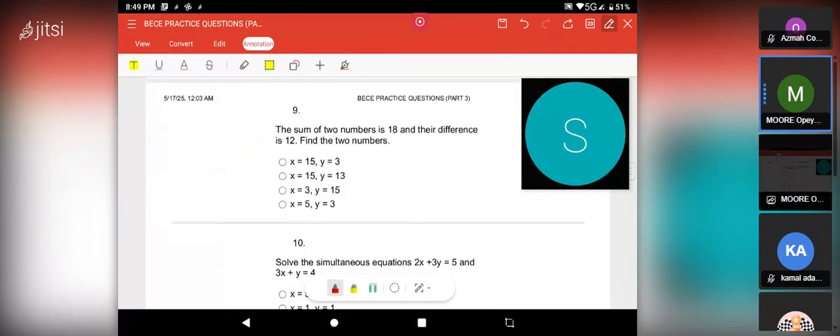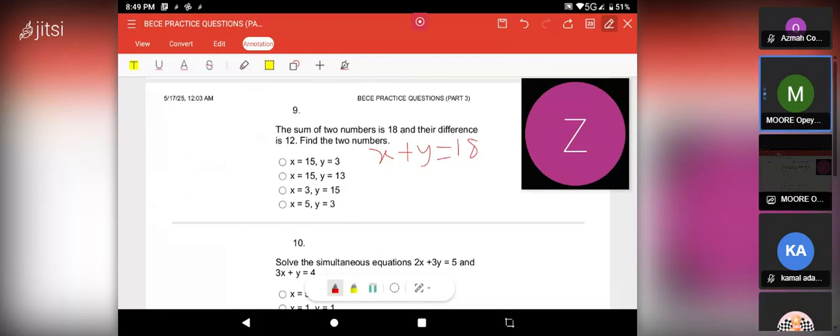The next one, find the sum of two numbers. Okay, the sum of two numbers is 18 and their difference is 12. Find the two numbers. If I tell you that this is a simultaneous equation, you may not want to take it. The sum of two numbers, that is x plus y equals 18.